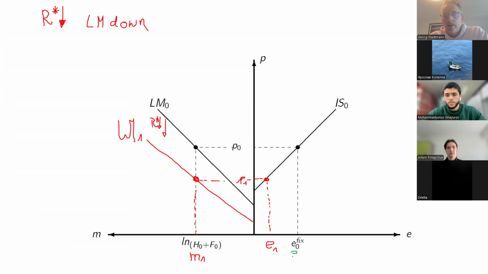But now we have to think about the fixed exchange rate system. So in a fixed exchange rate system, we start in the right part of the diagram, E2. So we are hitting the IS curve in this dot, then we know the goods prices are constant. So P0 equal to P2. And then it seems to be the case that the central bank has to intervene in the following way: H0 plus F2.